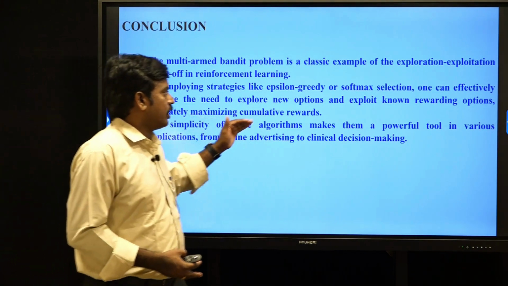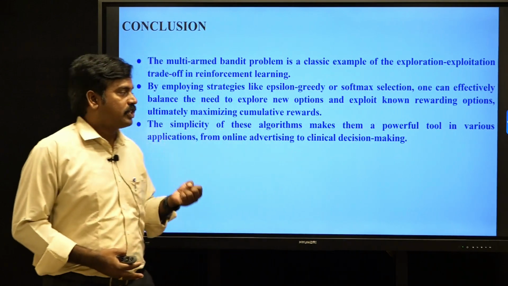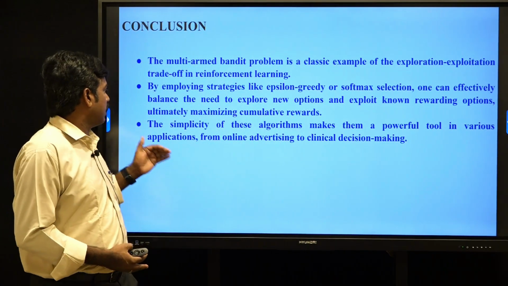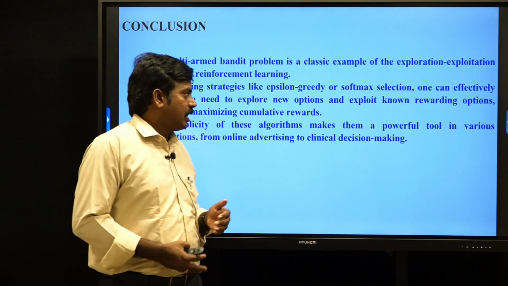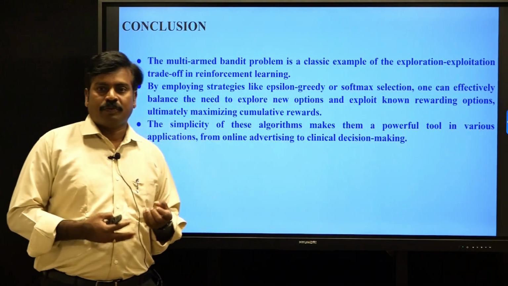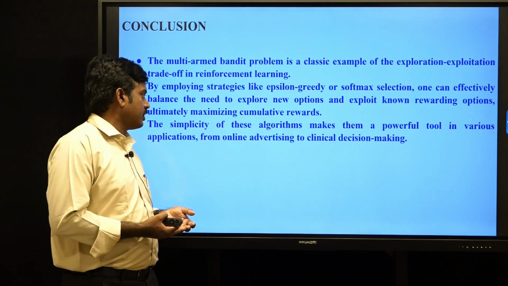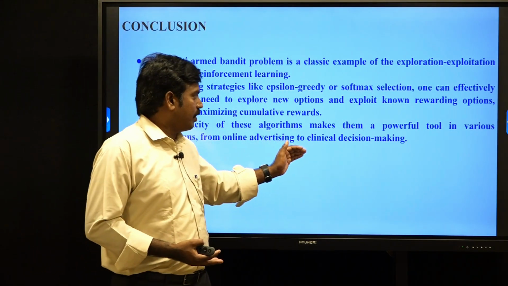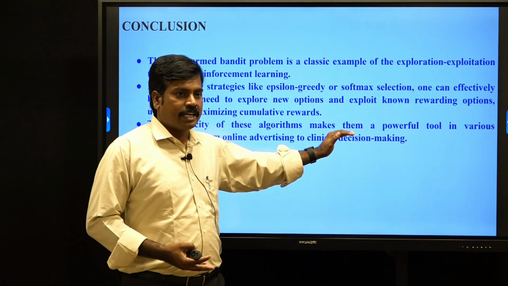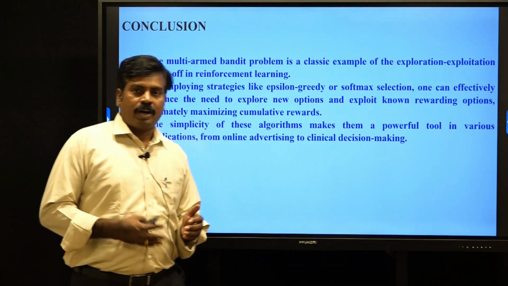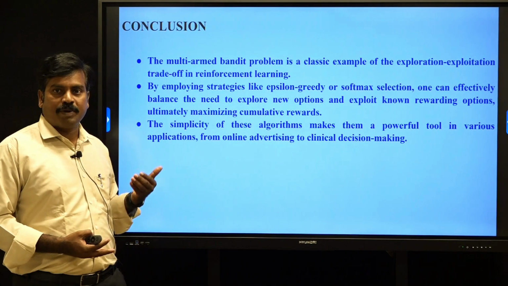Balancing exploration and exploitation gives the best rewards and results in multi-arm bandit problems. These strategies help in uncertain decisions in different applications like online advertising, placements, and clinical decision making applications.